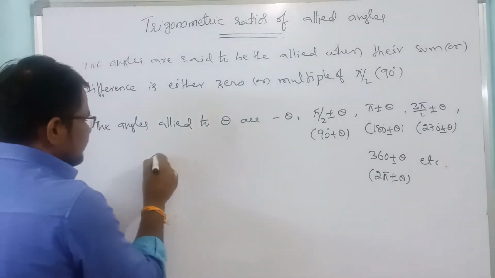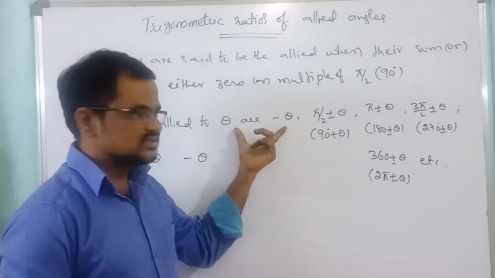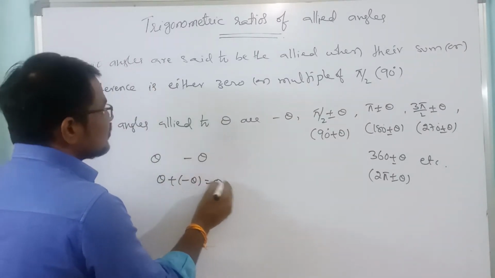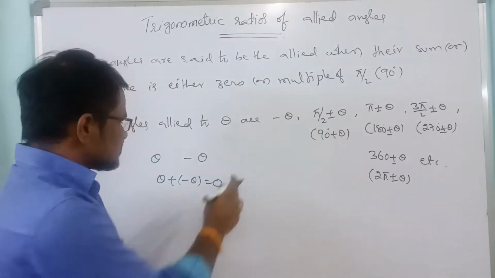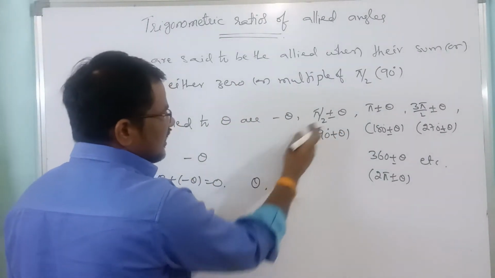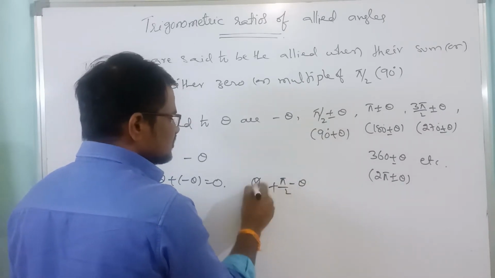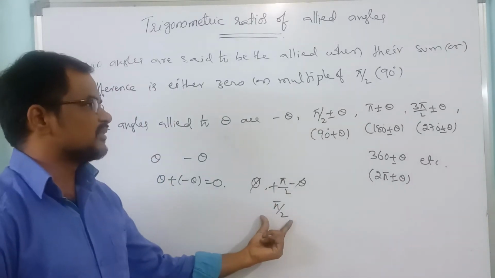We are saying these two are allied angles, means if you add these two, theta plus minus theta, equal to what you will get? 0, either 0 or a multiple of pi by 2. Suppose you take theta and pi by 2 minus theta, add these two, theta gets cancelled, pi by 2 is a multiple of pi by 2.